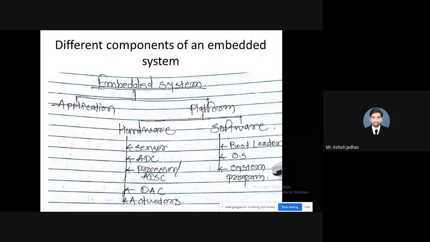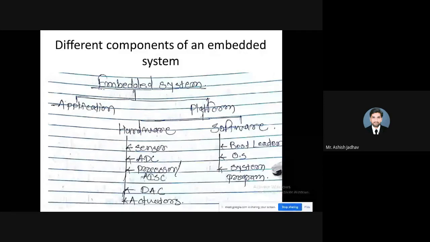So can someone tell me what are those 3 different categories? What is the distinguishing point? How can we identify it's a bootloader program? How can you identify it's an operating system? How can we identify it is a system program? Can anyone tell the difference between those 3 categories of software?